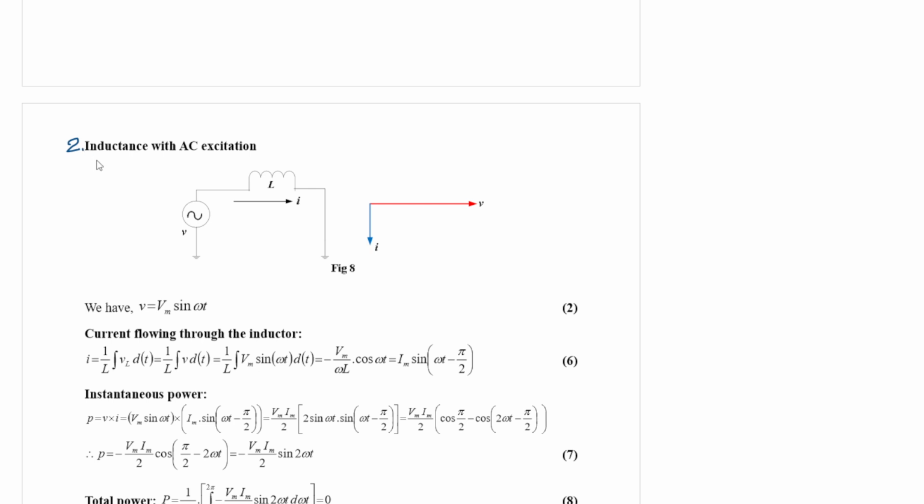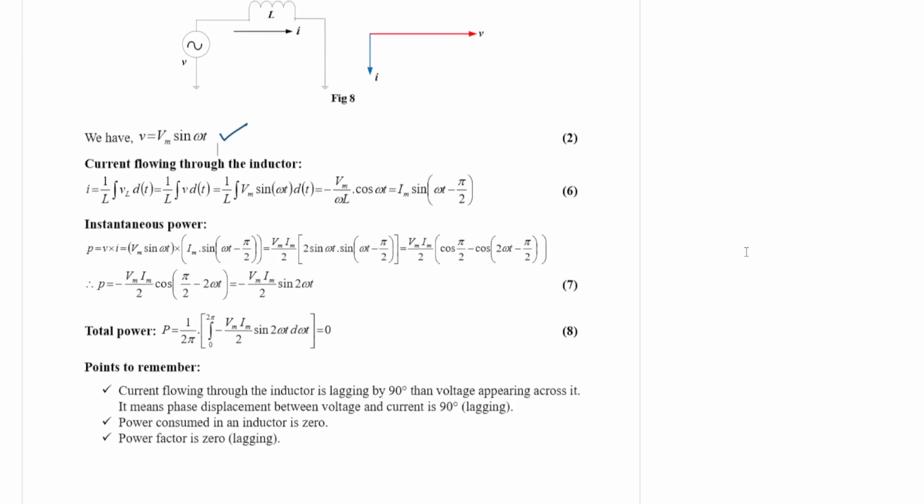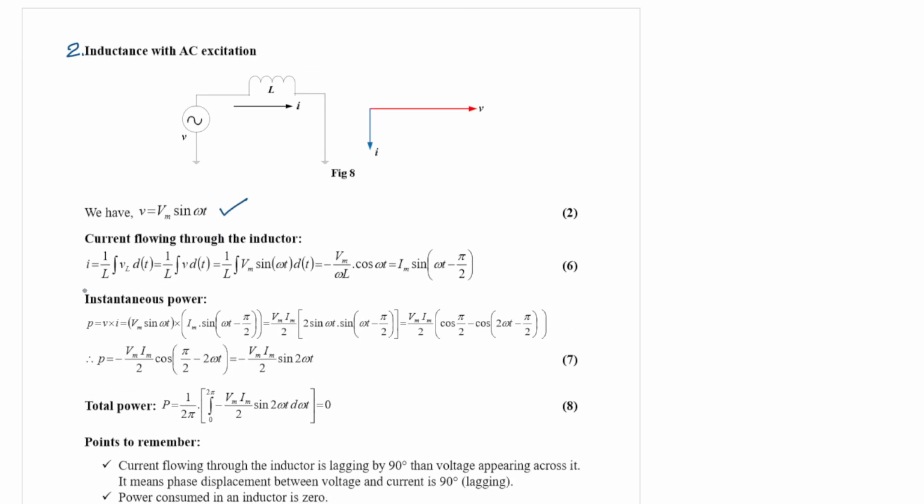We have applied an inductance with AC excitation. So the same voltage V is equal to Vm sin omega t, equation number 2. So we have an inductor, then we have a current flowing I. The current flowing through the inductor can be represented by this equation. Current I is equal to 1 by L integration VL dt.